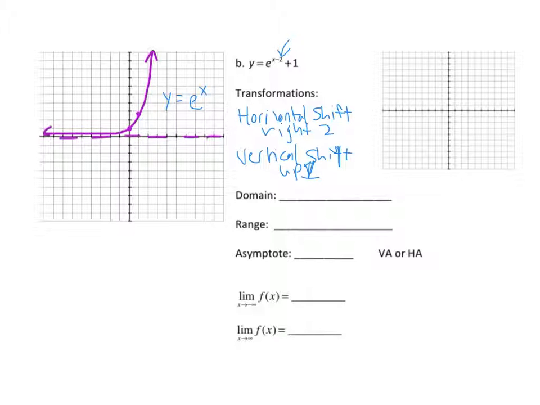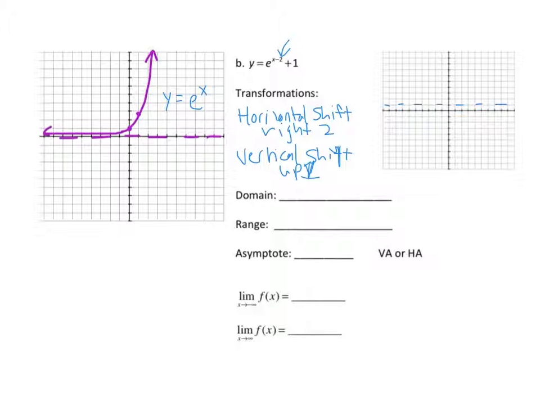So we start by moving the asymptote again. An exponential graph only has its asymptote moved if you have a vertical shift, which we do. So we shift it up 1 and draw that dotted line. And then again, I like to pretend that I'm moving my origin or my starting place.